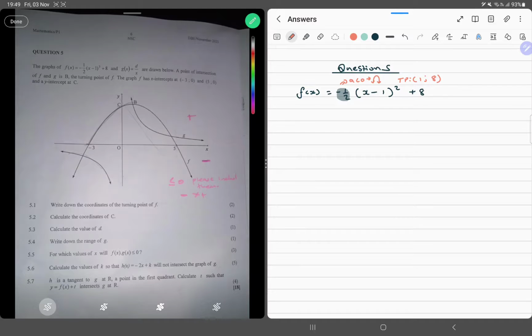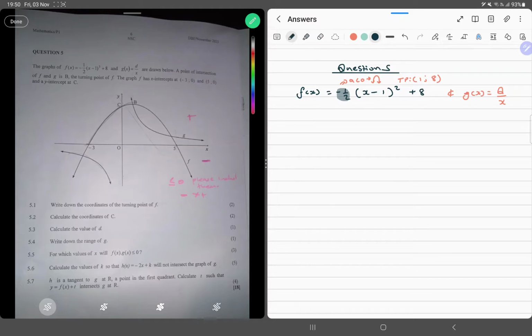We are also given g of x is equal to d over x. So this is the standard hyperbolic function. Can you see? It's not shifted about at all. And as we look on the graph, we can see the graph is in the first quadrant and third quadrant.